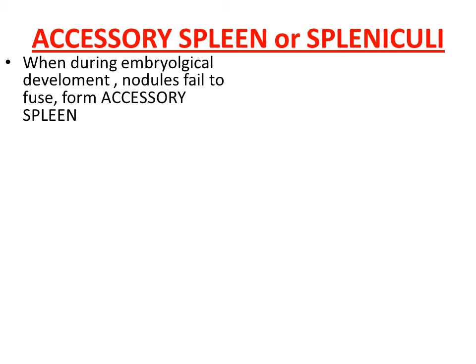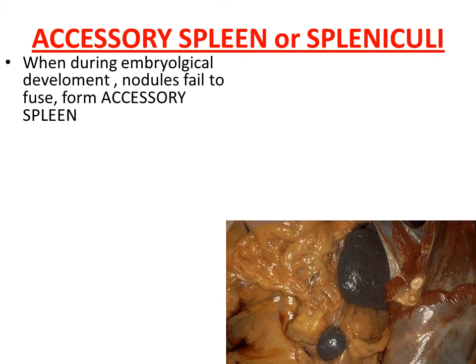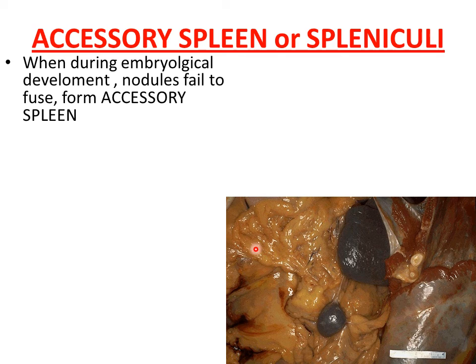When during embryological development, nodules which fuse to form lobulated spleen fail to fuse, they form accessory spleen, and this is how it looks like, right? This is a spleen and this is accessory spleen. There are different sites where these accessory spleens are present.